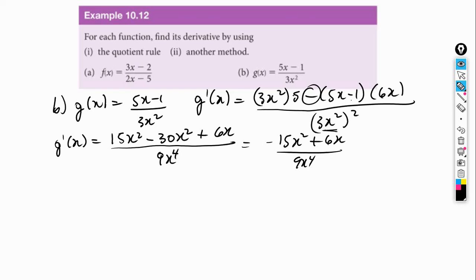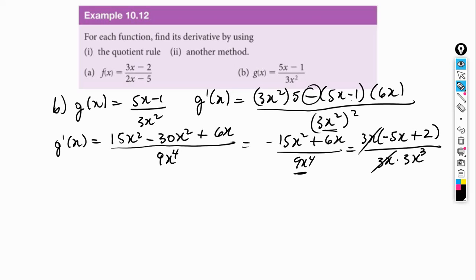But we're not done because this can be simplified. Notice that we can factor out 3 and x and then cancel out. So let's write this as 3x times negative 5x plus 2 divided by, and this we can split into 3x times 3x cubed.